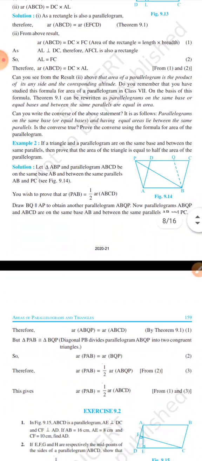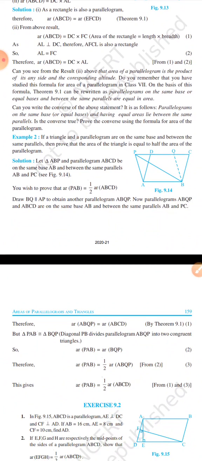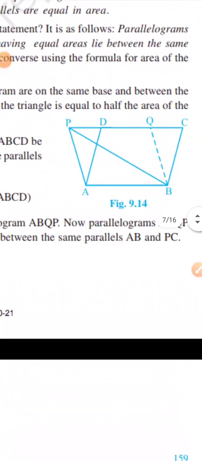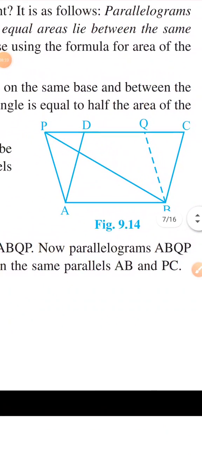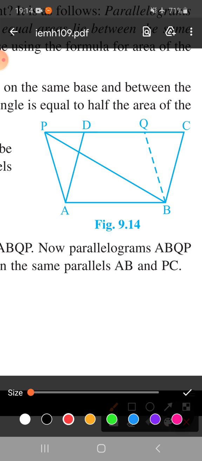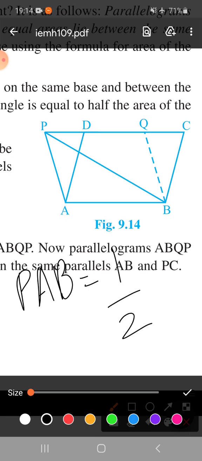Now another important conclusion is that if a triangle and a parallelogram are lying on the same base and between the same two parallels, then the area of that triangle will be half of the area of the parallelogram. So let us talk about this figure. We have to show that the area of triangle PAB will be half of the area of ABCD, right?